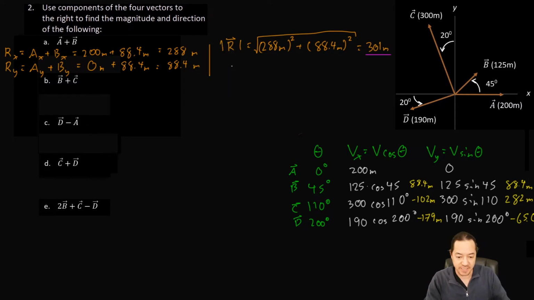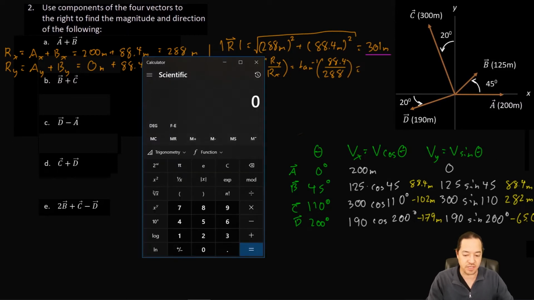We're going to be taking the inverse tangent of r sub y over r sub x, right? So this is going to be the inverse tangent of r sub y, which is 88.4, and then we have 288 for r sub x. So let's figure out what that is.